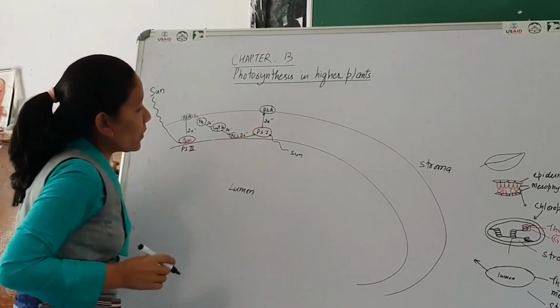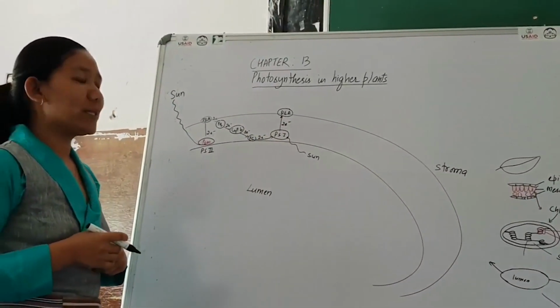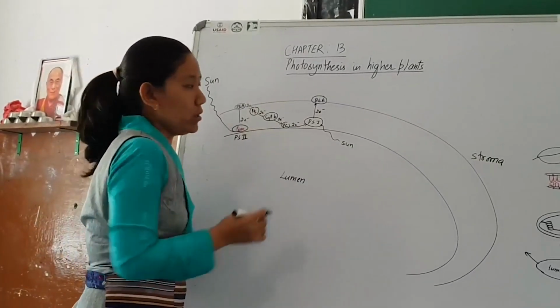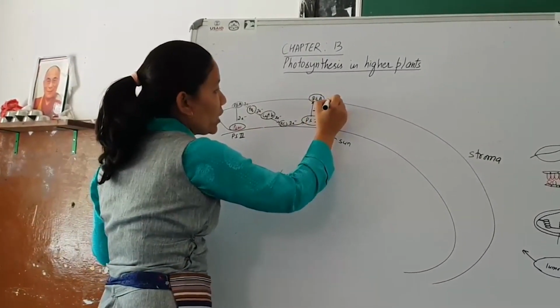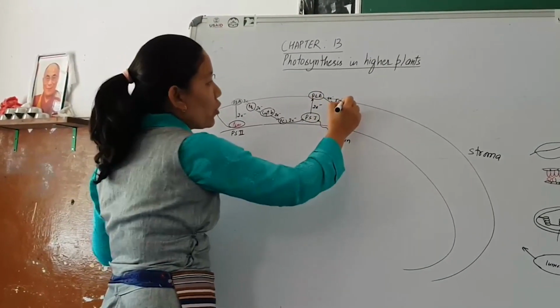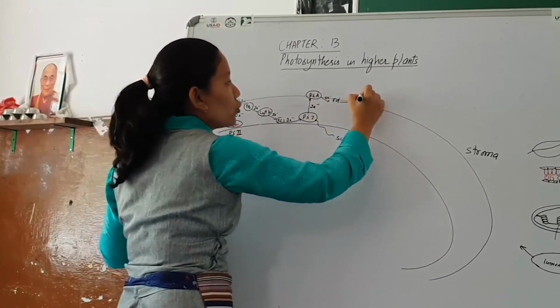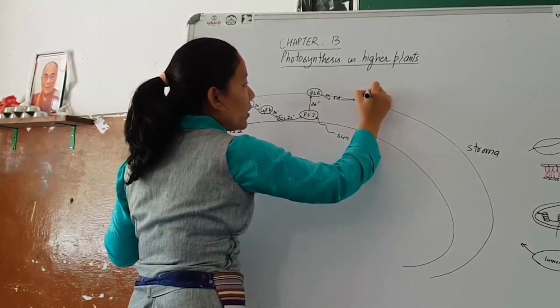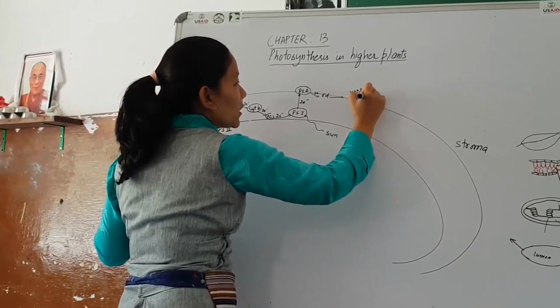Now here the primary acceptor of photosystem 1 again becomes a donor, and it passes on the electron to ferredoxin, and this ferredoxin will pass on the electron to NADP reductase.